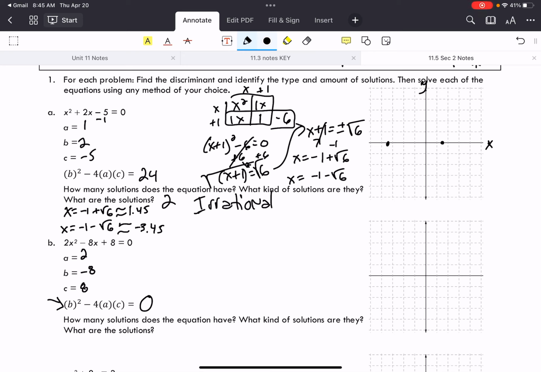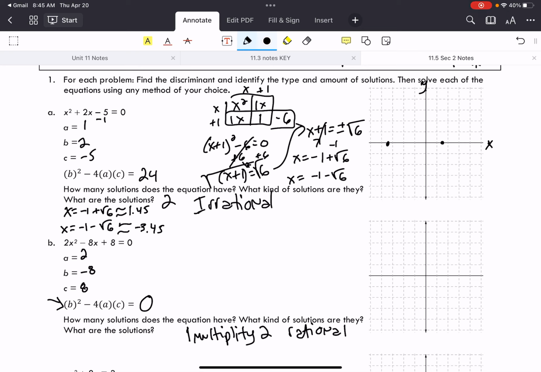One answer, multiplicity of 2. If you want more practice on that, again, come after school or go back and look at your 11.2 notes, in this unit. Okay? And they're rational. They're going to be nice.